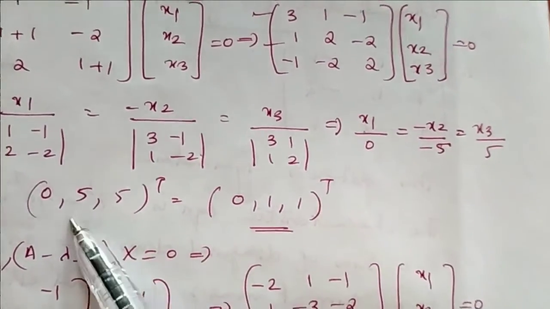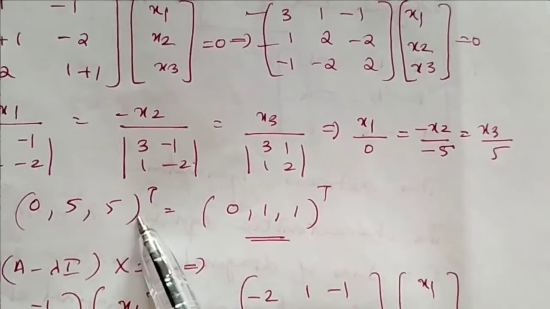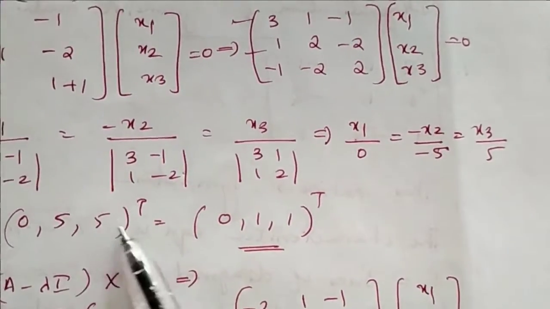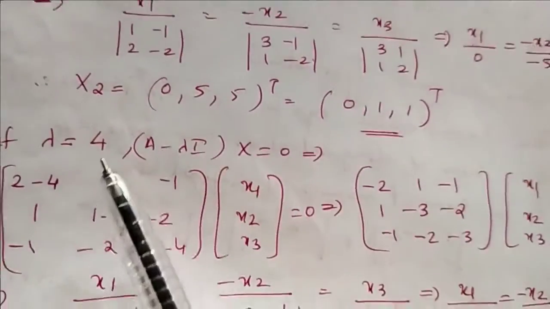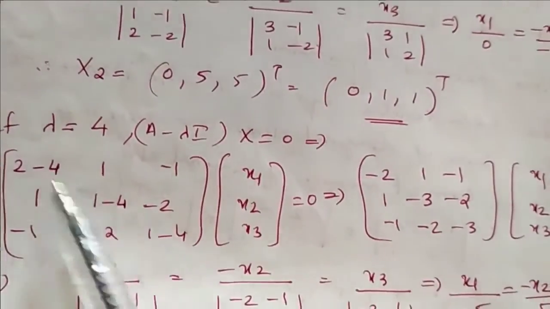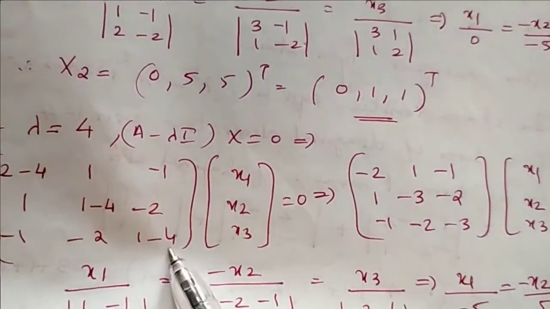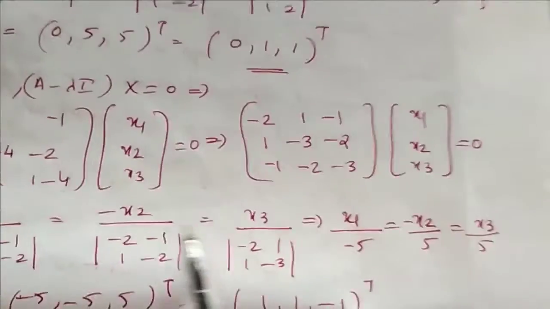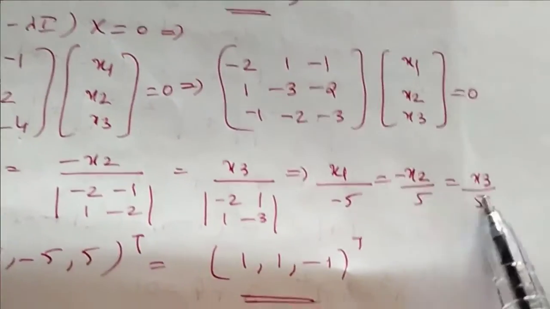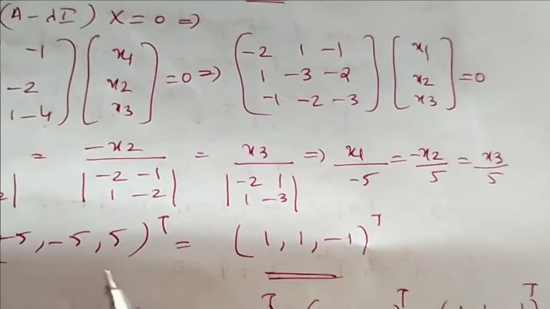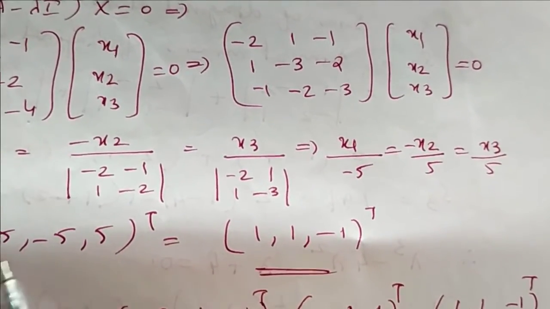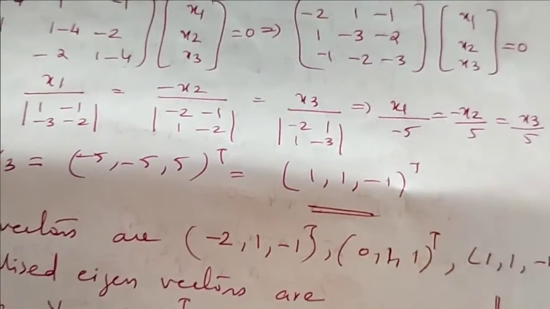So 0, 5, 5 is the second eigenvector, or dividing throughout by 5, it is 0, 1, 1, a column vector written as row transpose. Again for lambda 4, subtract 4 from the diagonals, and we get minus 5, minus 5, 5, or dividing by minus 5, 1, 1, minus 1. So this is the third eigenvector.